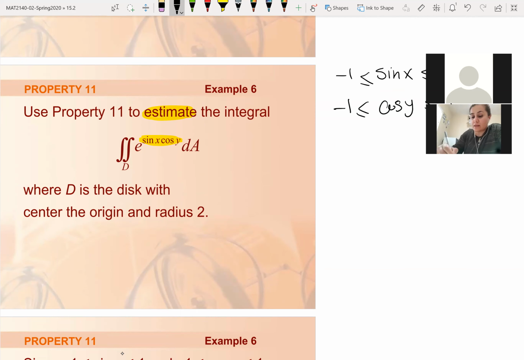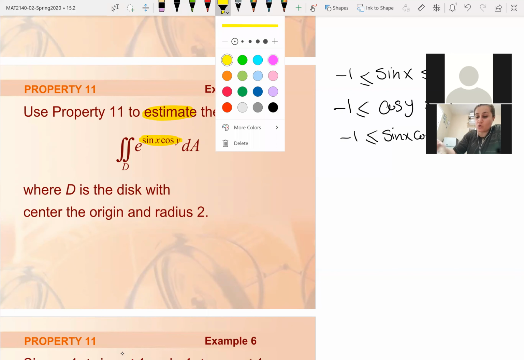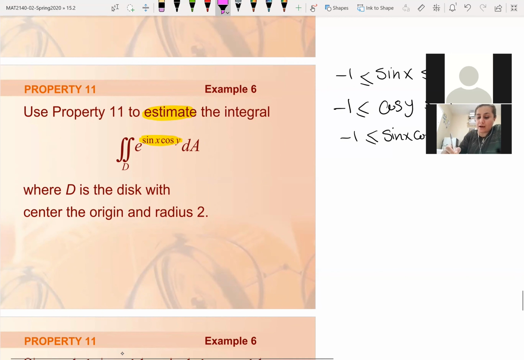So then the product is what I need to bound, and that stays the same thing. If you have two numbers between 1 and -1 and you multiply them, the result is still between 1 and -1. Since my goal is to have e to the power of this function, I have to apply e to this, this, and this.